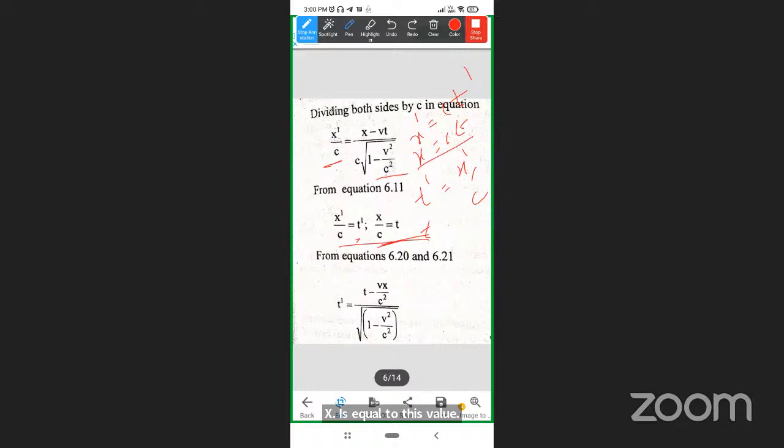So this is the t value and the t' value. Substituting into the above equation, t' is equal to x' by c.